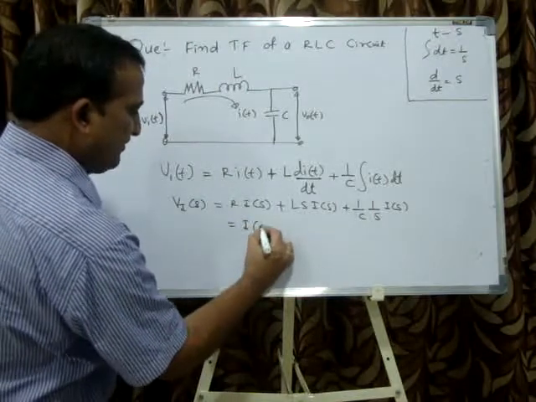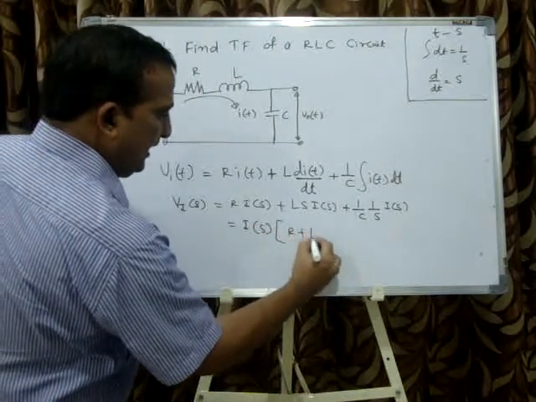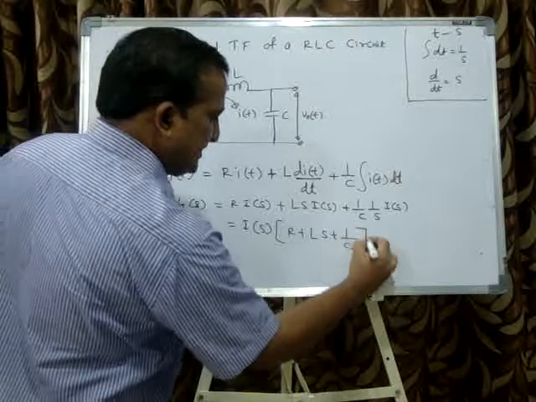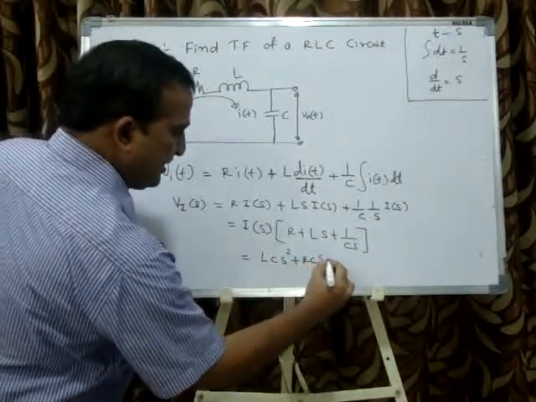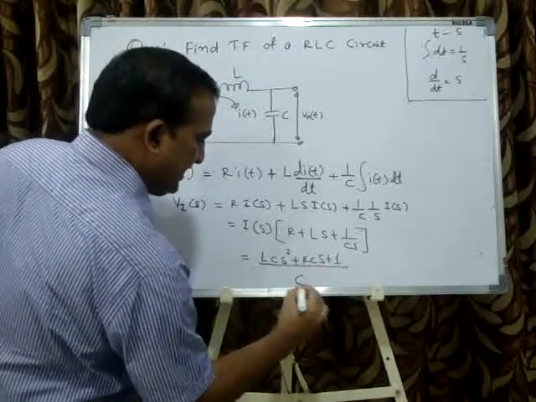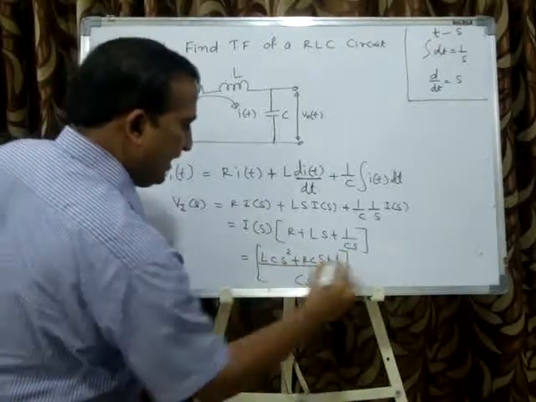Now I take I of s common: (R plus Ls plus 1 by Cs). So LC s square plus RC s plus 1 divided by Cs, into bracket I of s.